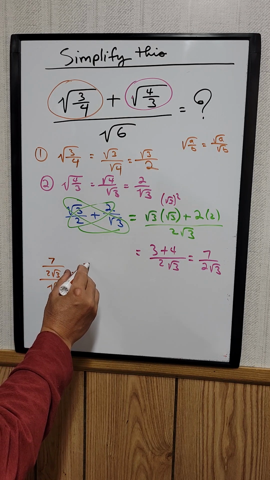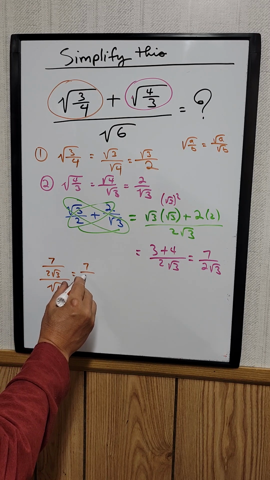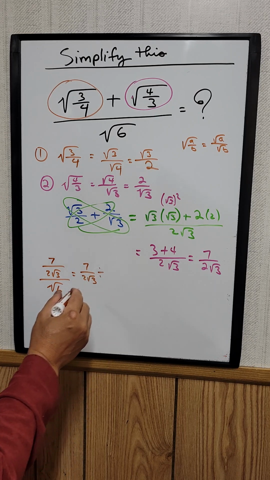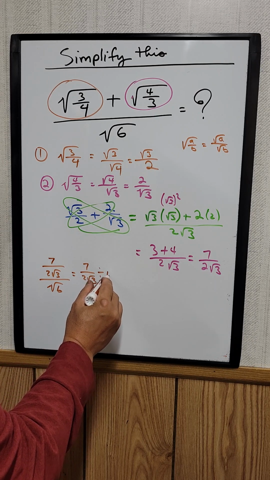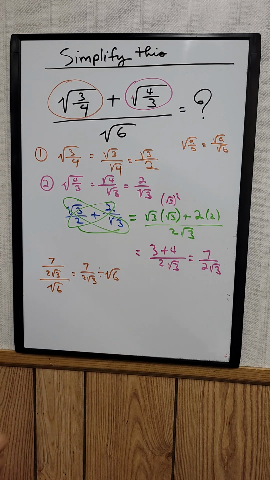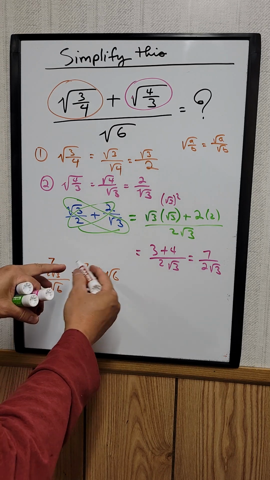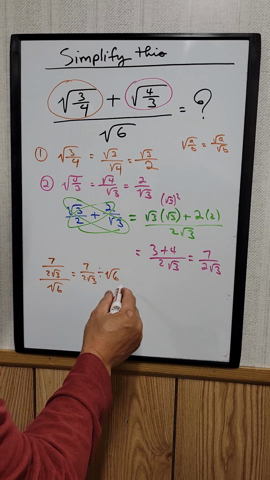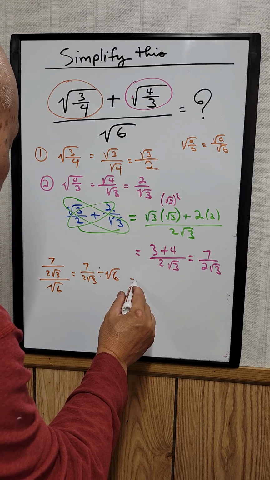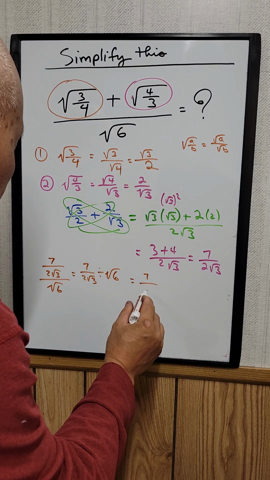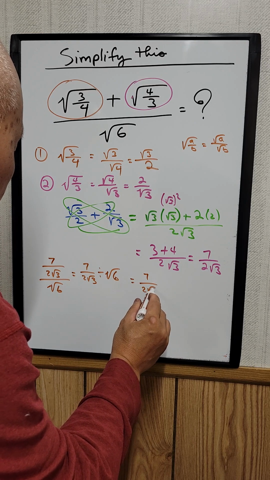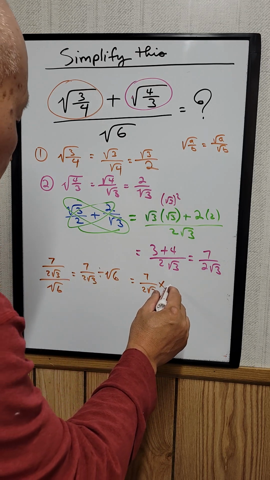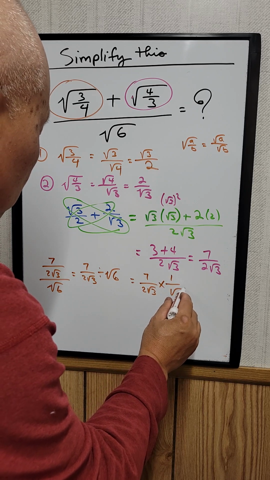In order to divide this, we need to change the division to multiplication. So that's 7 over 2 times the square root of 3, times the reciprocal, which is 1 over the square root of 6.